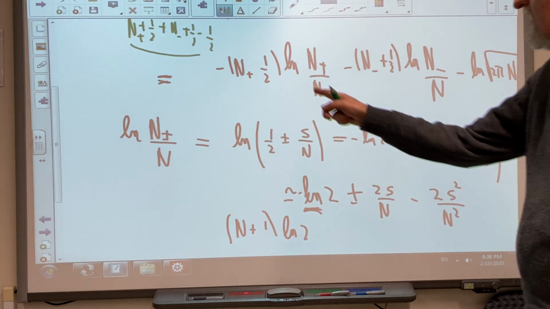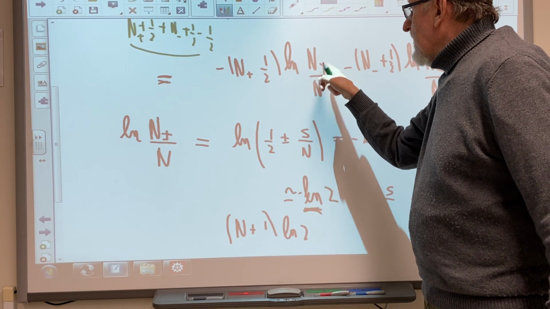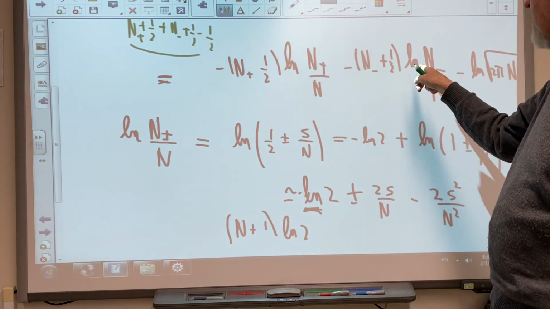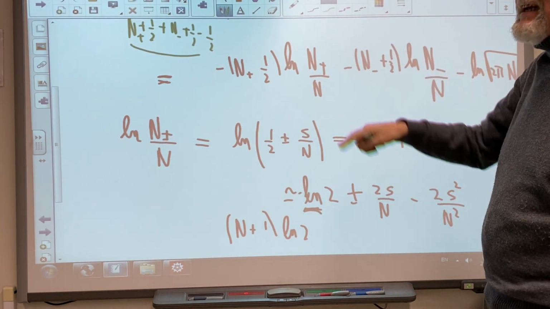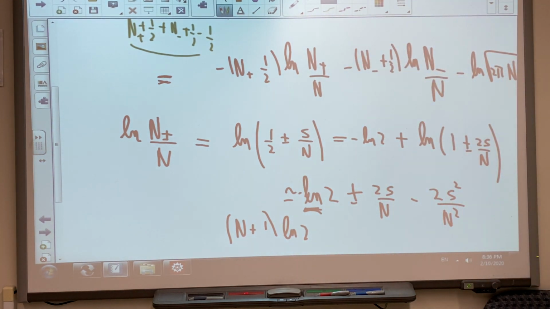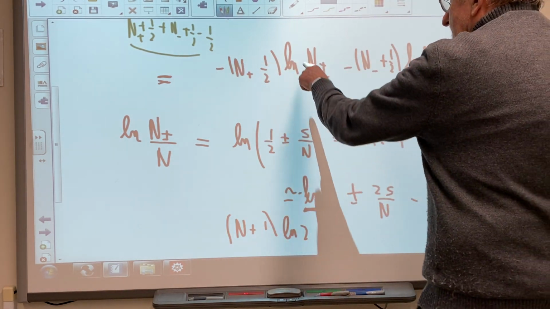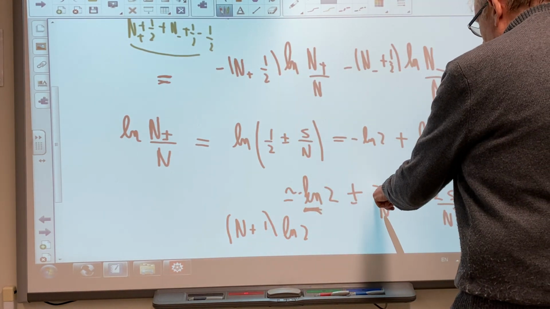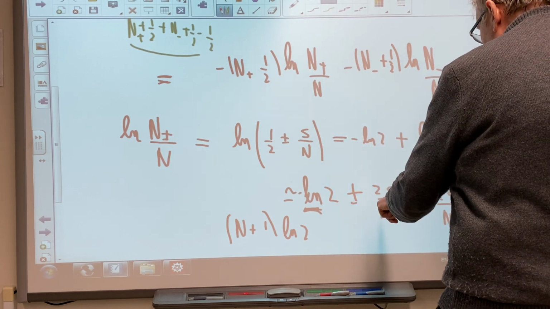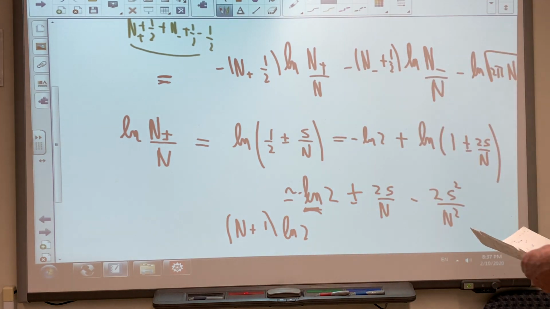So as you see, here I will get s, but here I will get minus and minus, I get a plus. These two things will be with opposite signs. Because I had a minus, so the upper term will have a minus. But the lower term has a minus, and another minus gives me a plus.